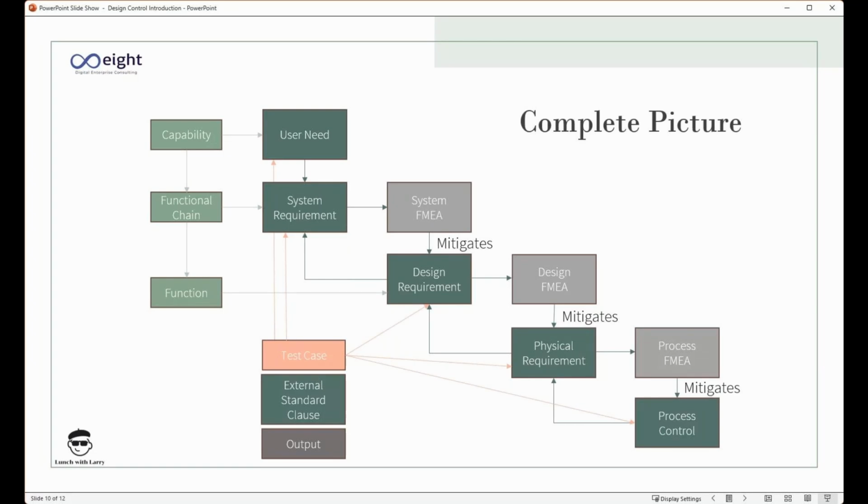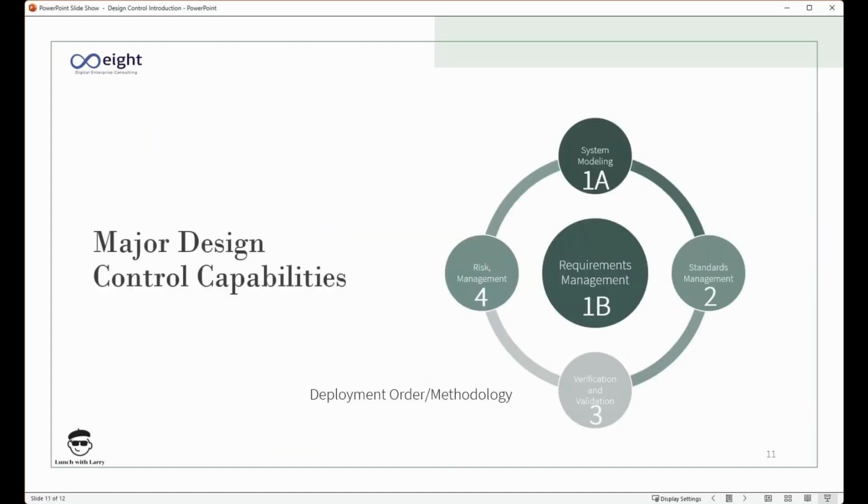That way we can get a report that says, here's the requirement, here's the test case, here's the conclusion, and not only that, this is the part that we used and the revision of the part we used to assure that we're compliant with that particular requirement. That's really what the complete picture is going to end up being.